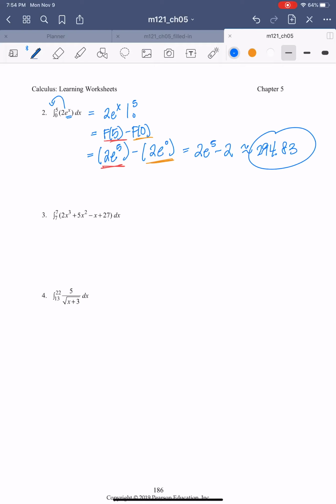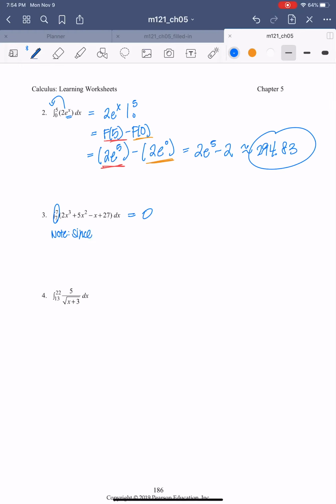Number 3. Oh, this over here, you can do a shortcut. If you recognize that it's 7 to 7 by the theorem, this will be just 0. Okay, so I'll make a note.